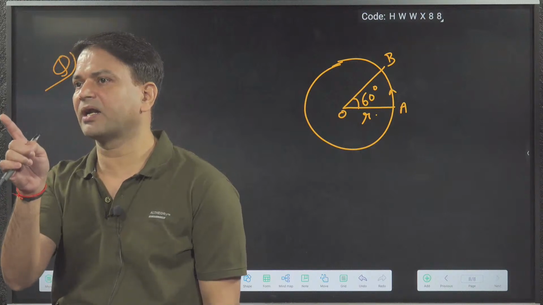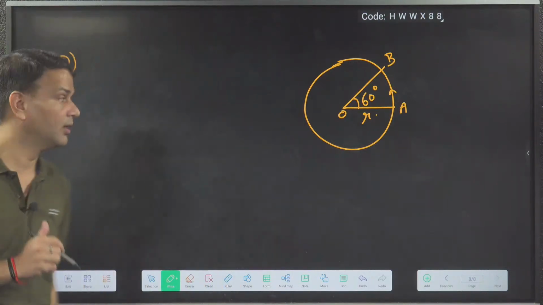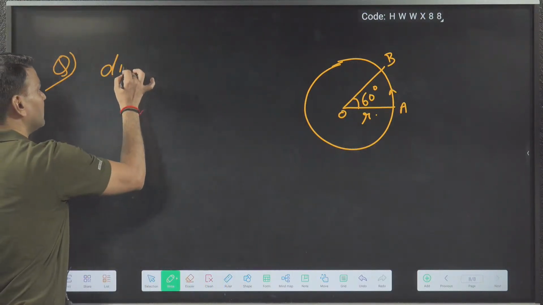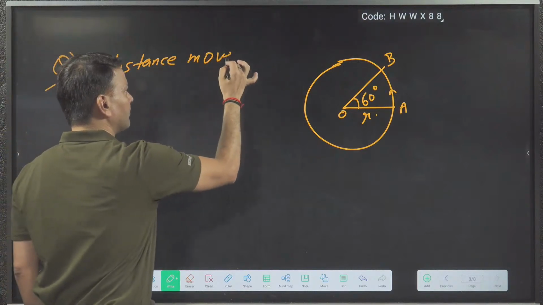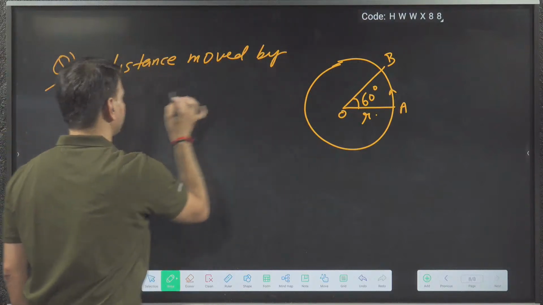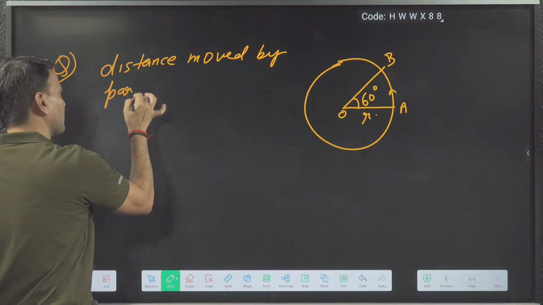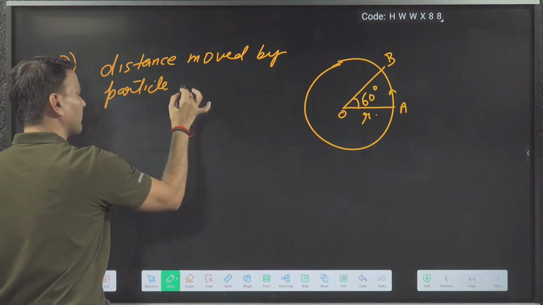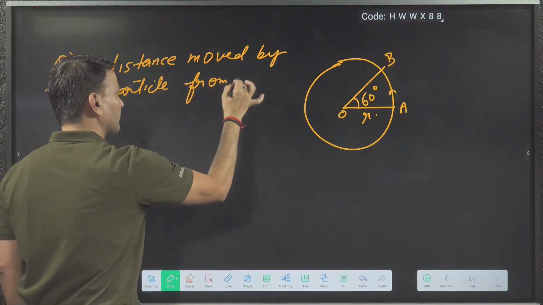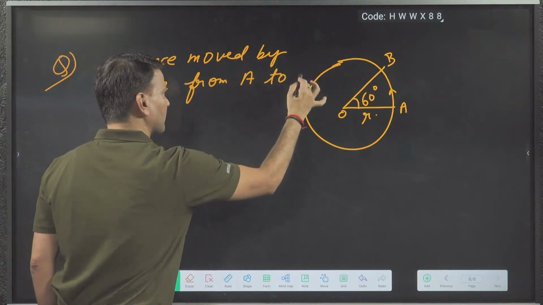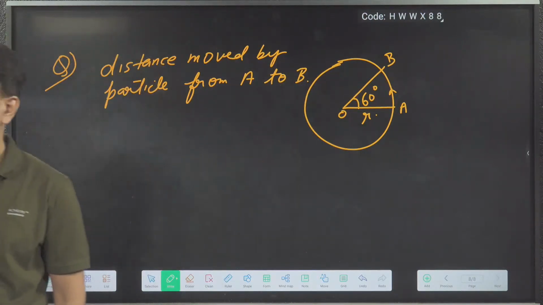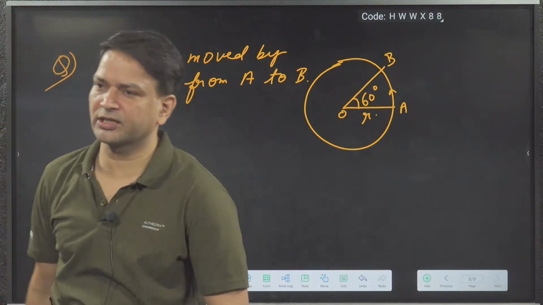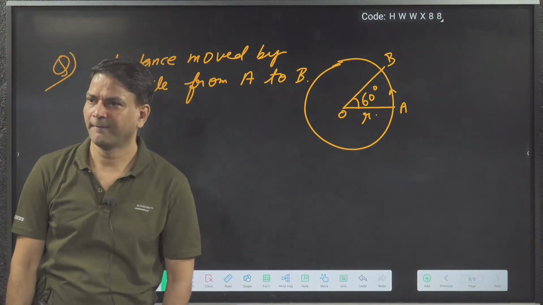The angle of arc AB is 60 degree. What is the distance moved by the particle if the radius of the circle is r?